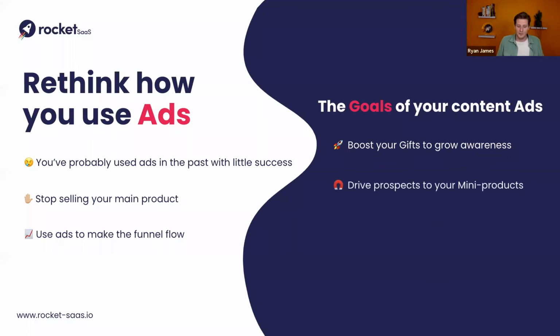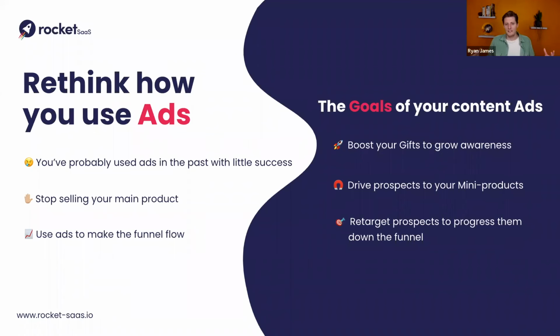Then you should also be using ads to drive prospects to your mini products. So if you're promoting ebooks, webinars, scorecards, ads should also be promoting people to your mini products. So again, it's like no exchange of money or very little exchange of money. And then using ad budget to retarget people, like I talked about on the previous slide about retargeting people.